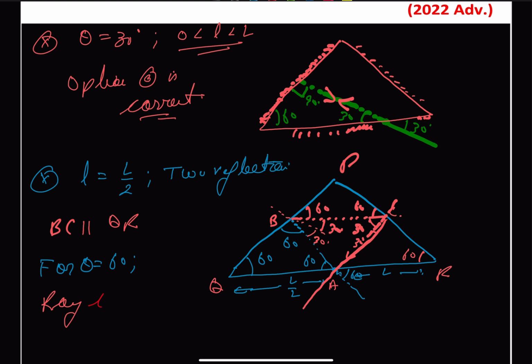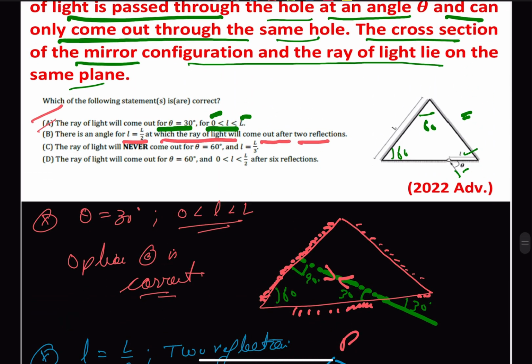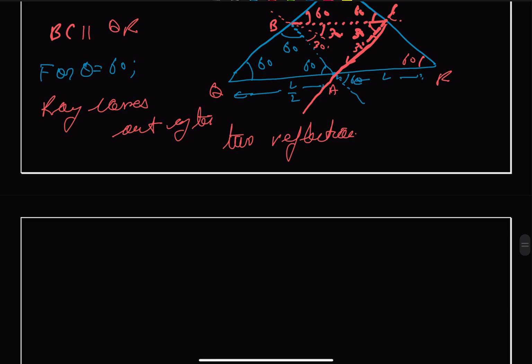Ray comes out after two reflections. So option B is also correct.